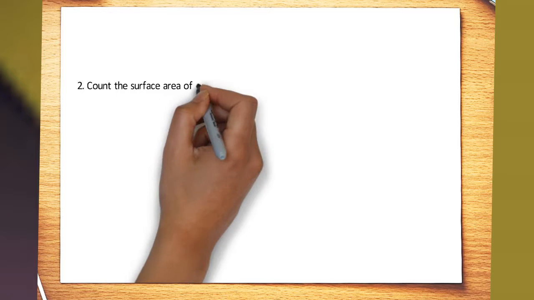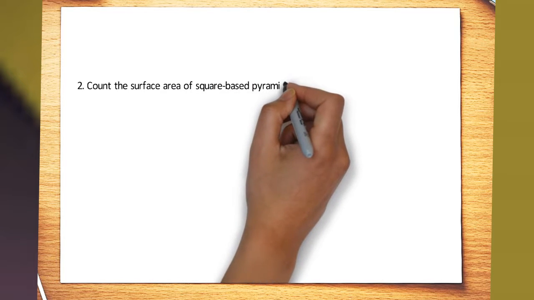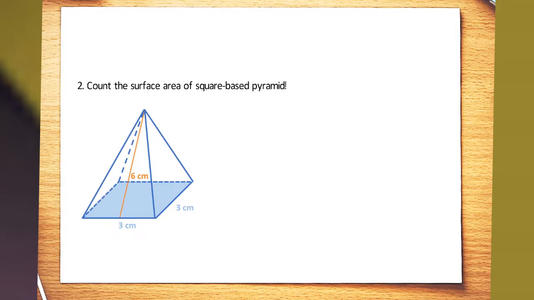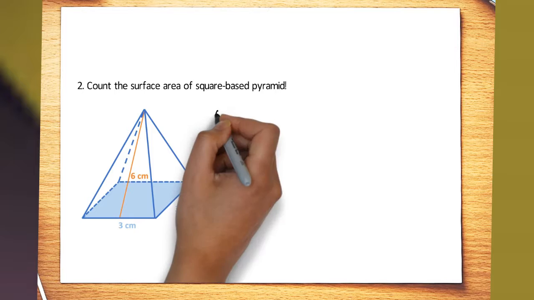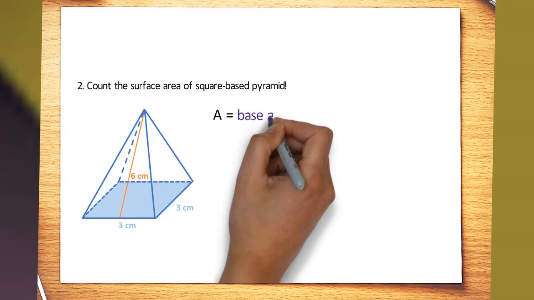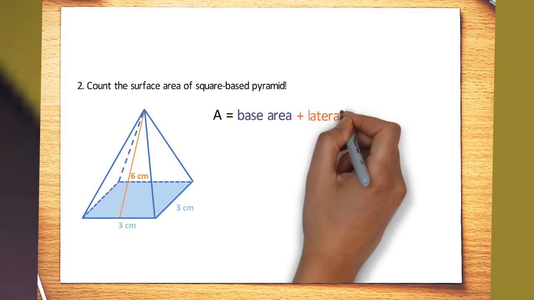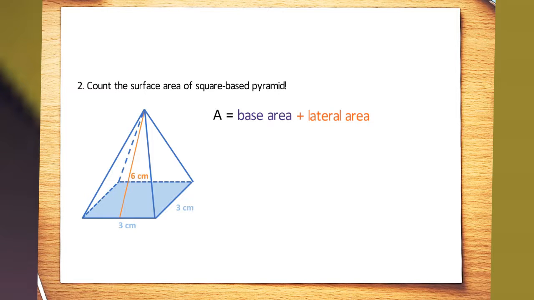Next, count the surface area of the square-based pyramid. We have a square-based pyramid, in which the side of the base is 3 centimeters and the height of the lateral area is equal to 6 centimeters. Area is equal to base area plus lateral area.